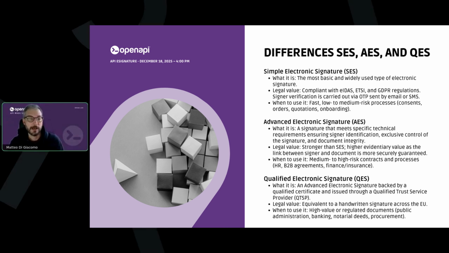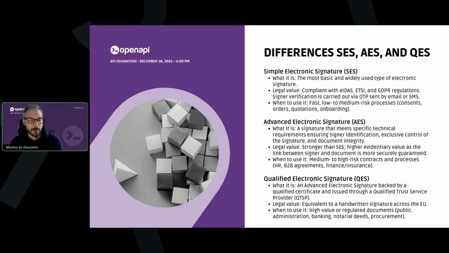The Advanced Electronic Signature, or OAS, is a signature with a higher level of signer verification. So it's a more robust signature and can be used for processes which are medium to high risk, like insurance documents, B2B transactions, and finance. Now let's talk about the qualified signature, which, as the name indicates, is the highest level.